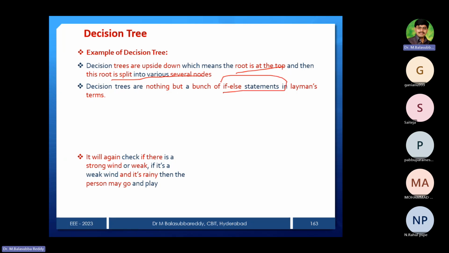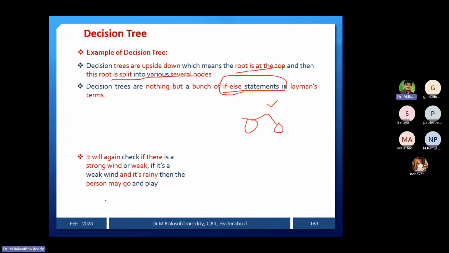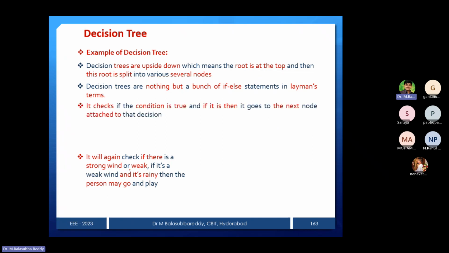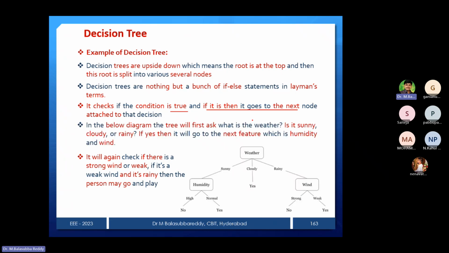We are always checking: if it is this, we go this way, else if, it will be like this. It is all about if-else conditions to select leaves. It checks if the condition is true and if it is, then it goes to the next node attached to the decision.